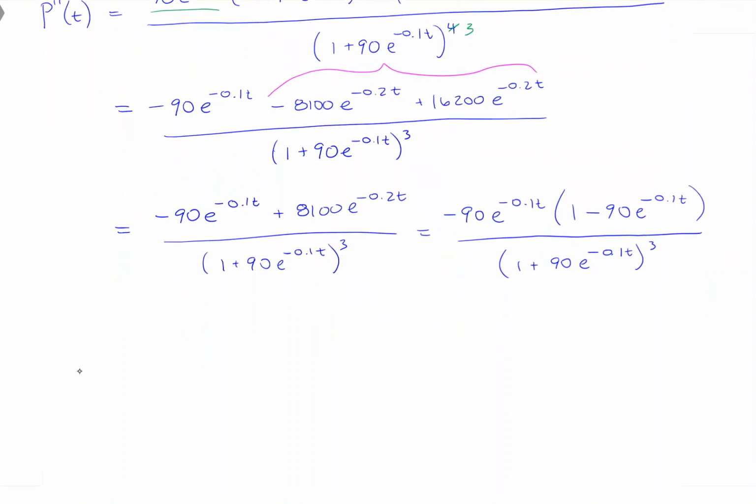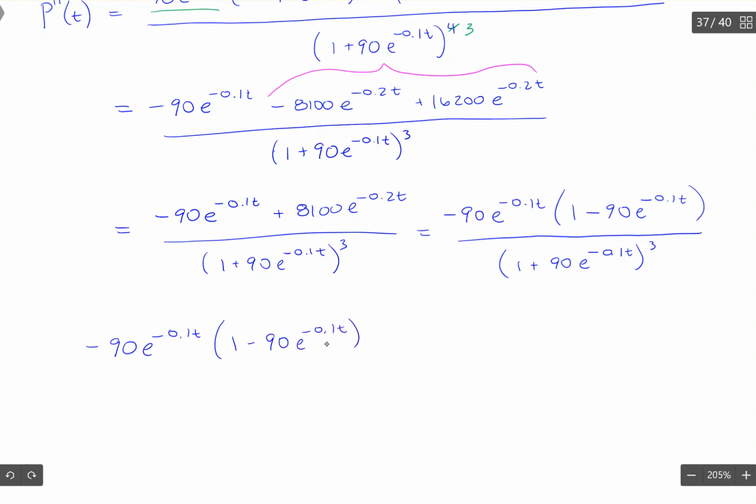So I need to take this function, negative 90 e to the negative 0.1t times 1 minus 90 e to the negative 0.1t all over 1 plus 90 e to the negative 0.1t cubed, set that equal to 0. Here's the great thing.